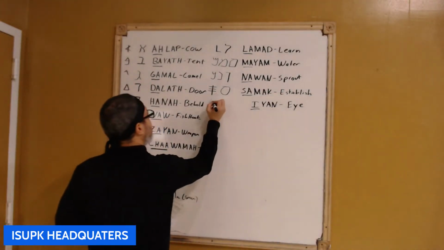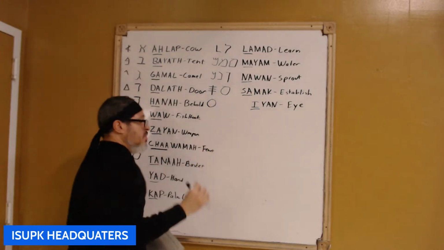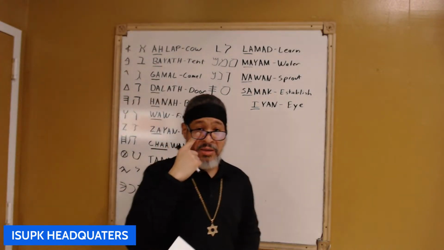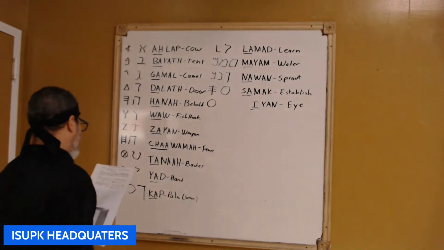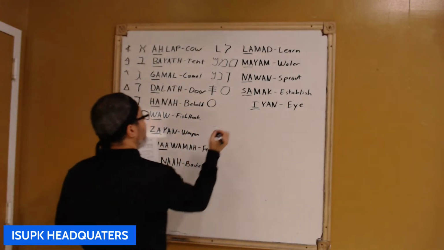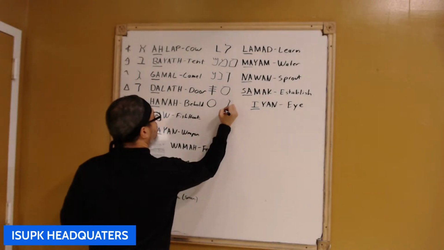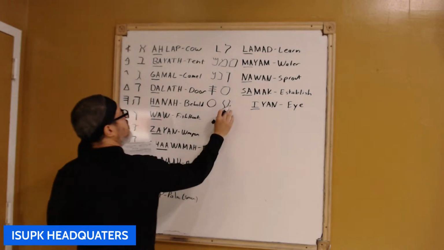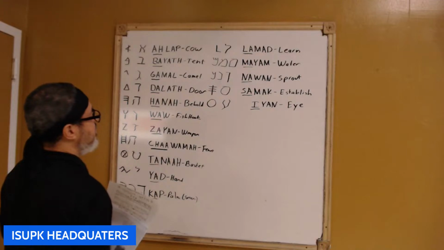In the ancient, it's just a circle, because it's meant to be your eye. And in the modern, it's almost like 1, 2, 3, and it's squiggly. It kind of looks like, in a way, like a Y. That's how it's the I.